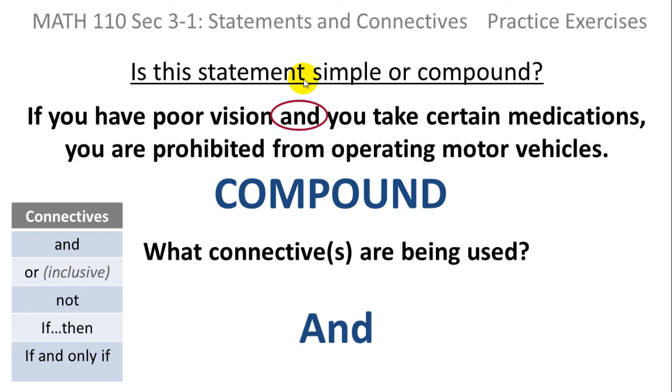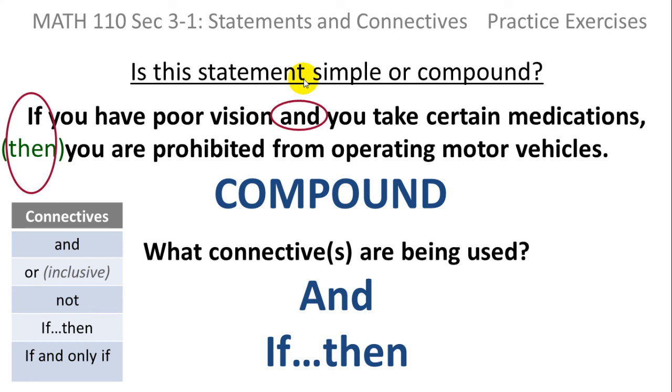Sometimes you don't even say the then, and that's what they did here. But whether the then is there or not, if you have the if, there's at least an implied then. So you have a second connective, the if then. And those are the only two connectives you have in that compound statement.